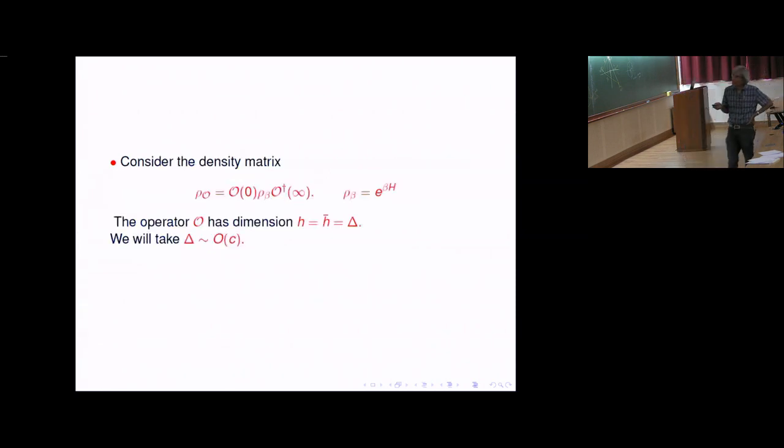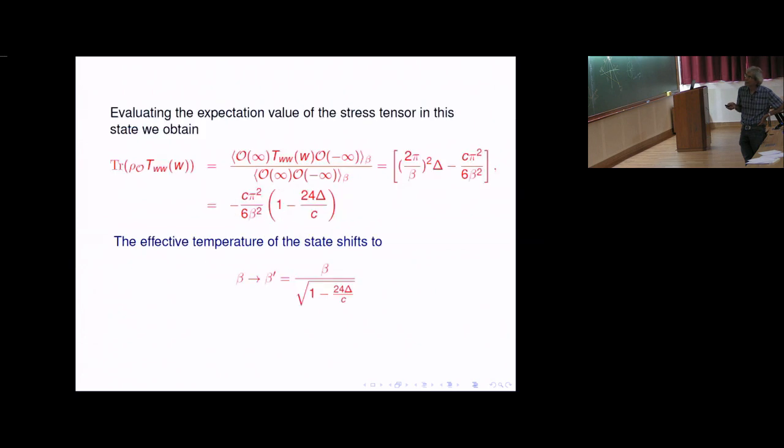Here we consider this particular density matrix. This is the thermal state, but we insert an operator of high dimension on it at 0 and infinity. We evaluate, for instance, just the stress tensor on this. It's a simple 3-point function. And since it's a finite temperature, you have to do it on a cylinder.